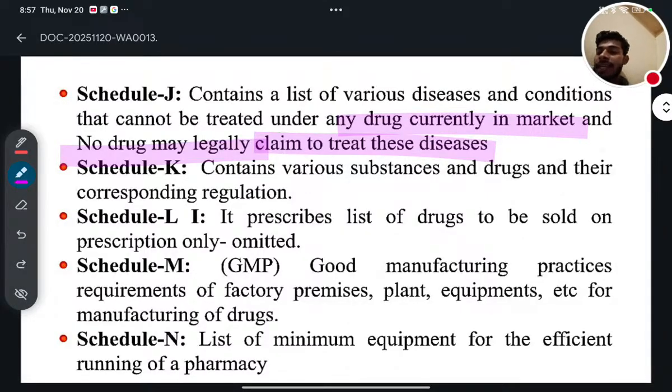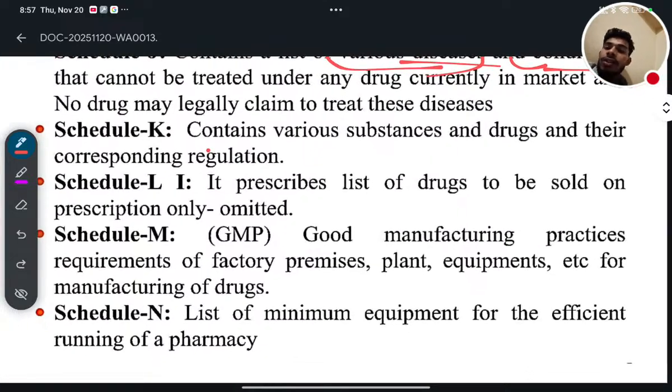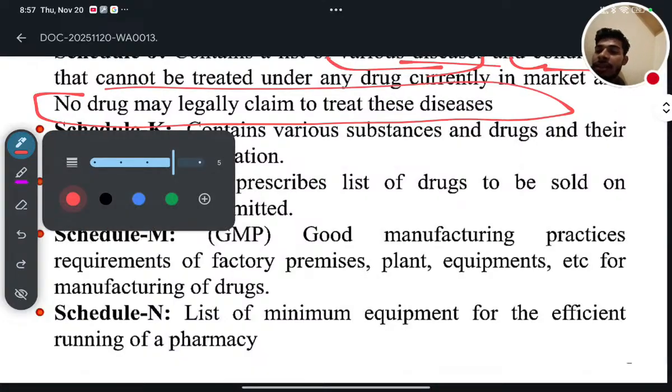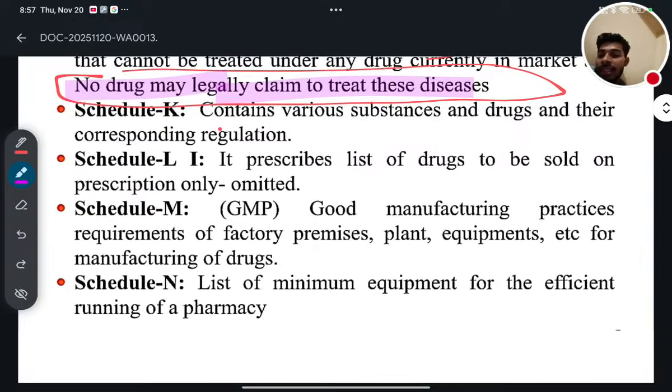Ultimately, Schedule J lists those diseases or conditions which cannot be treated using medicine, and such medicine does not even exist these days. So no drug may legally claim that this disease can be treated by that drug.